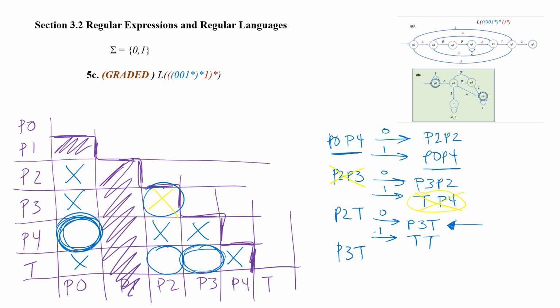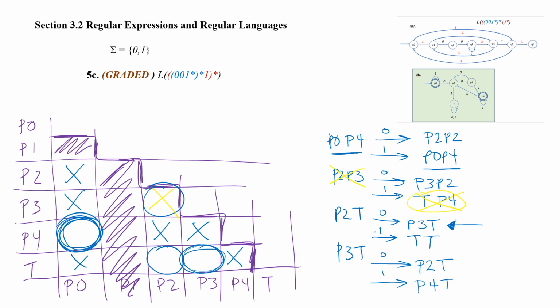So let's see what happens with P3 and the trap. P3 with a 0 goes to P2, and the trap with a 0 goes to the trap. So far, potentially, P3 with a 1 goes to P4, and the trap with a 1 goes to the trap.